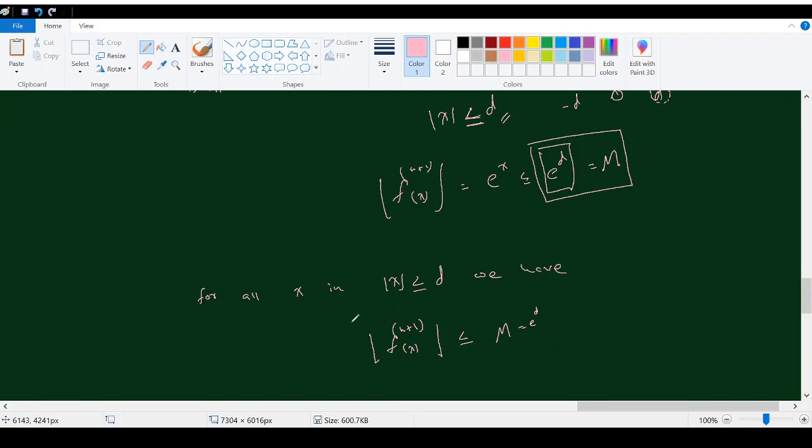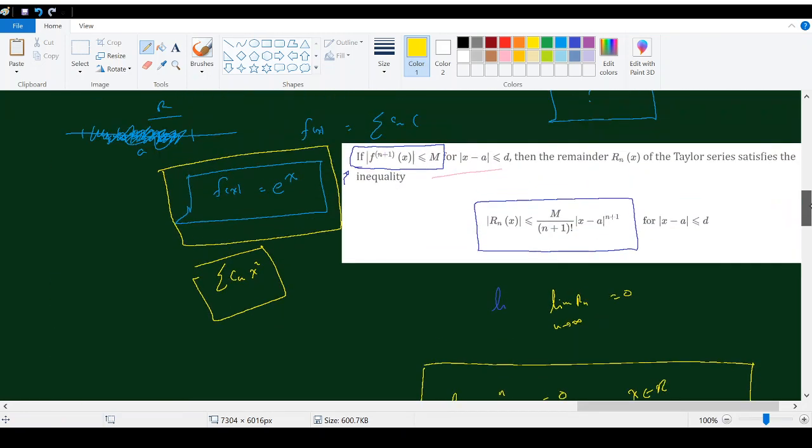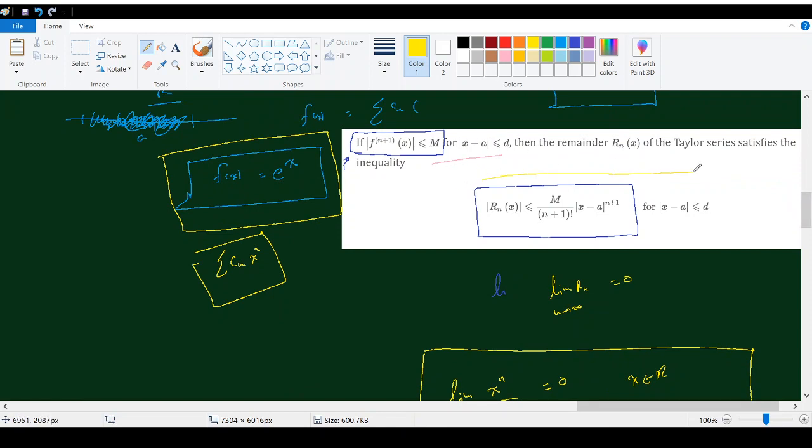So we have the required condition for that second result. So from this condition, we can say the conclusion of our second condition, which is this one.